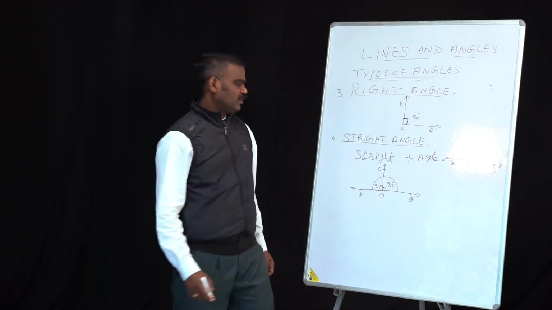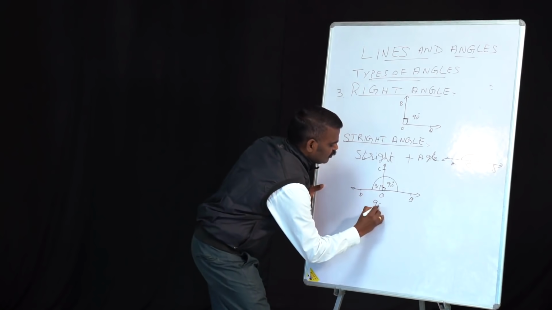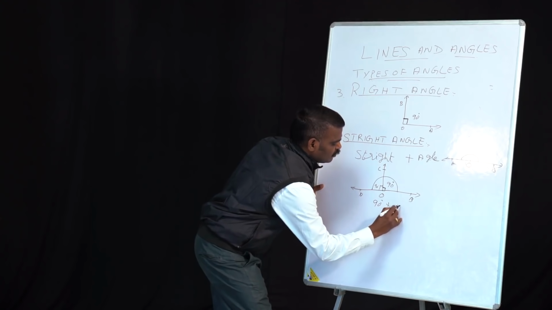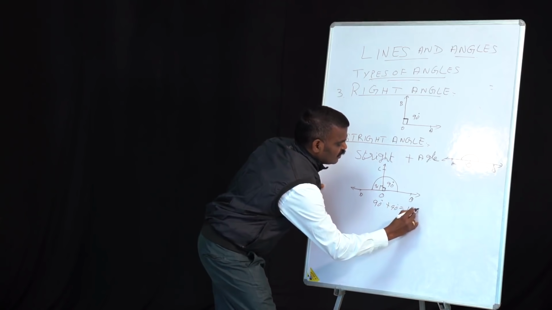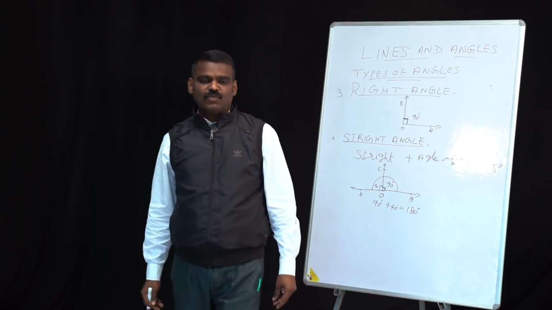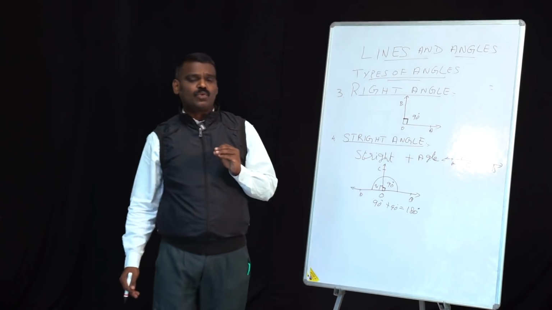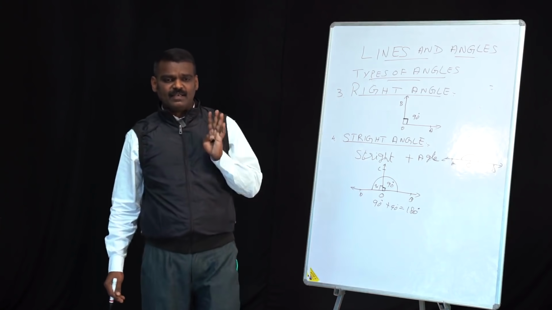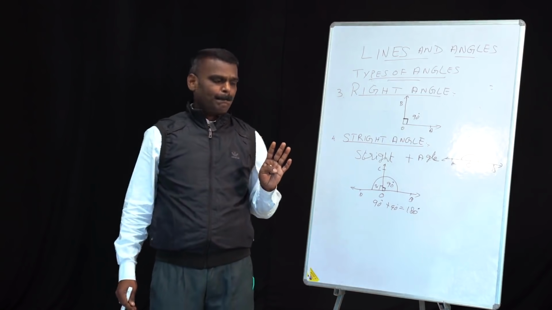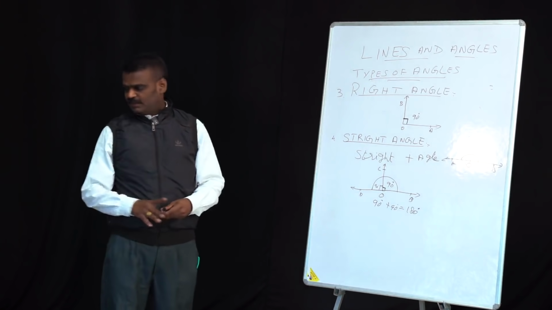There are 2, right? So, 90 plus 90 how much? 180 degree. So, what is the magnitude of a straight angle? 180 degree. Clear? Okay, you write.